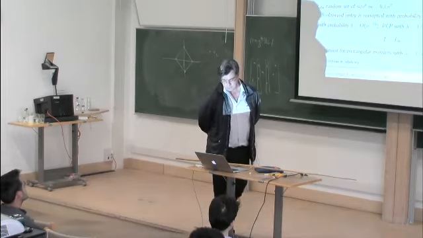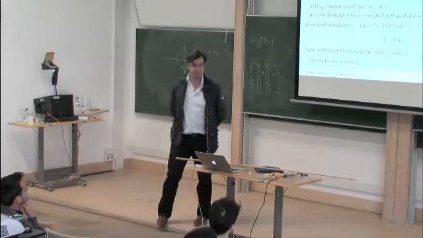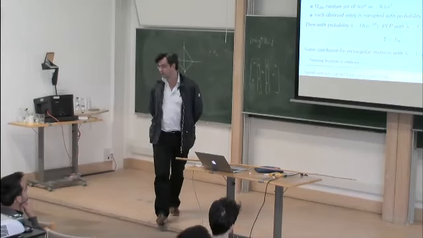By now, you should be accustomed to results of this kind, which say that, if we're under exactly the same assumption as before, so the rank is n over log n squared at the most, and I get to see a random set of entries, let's say 10% of the entries, of which a constant fraction are corrupted, then the algorithm at the top, with a selection of lambda which is 1 over the square root of the fraction of observed entries times the max dimension, will recover the low rank component exactly.